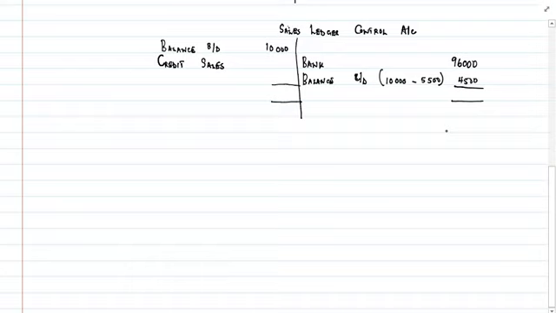So 96,000 plus 4,500, that will give us 100,500, then minus 10,000, that gives me 90,500.